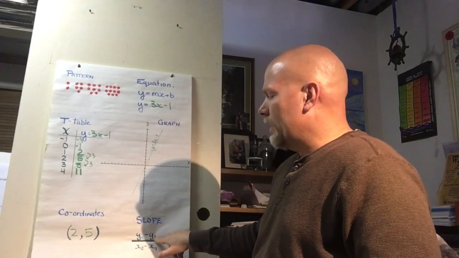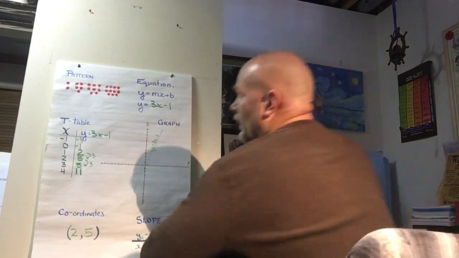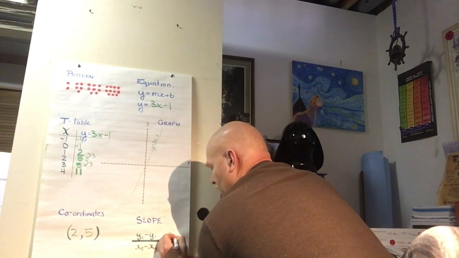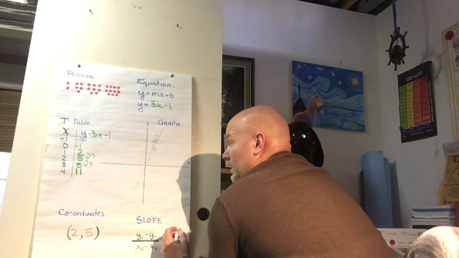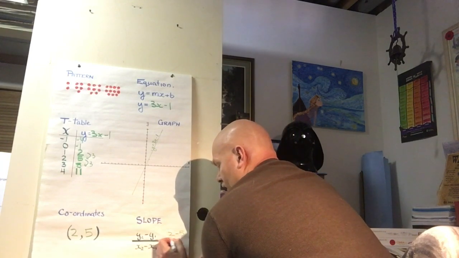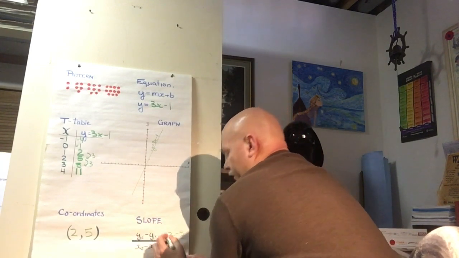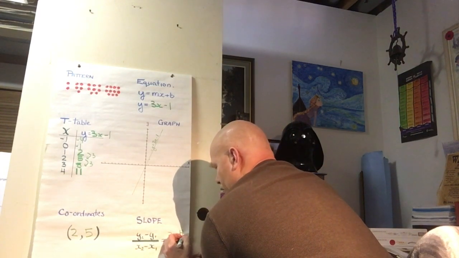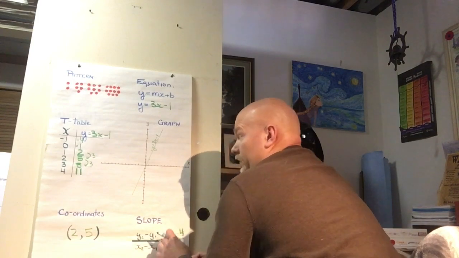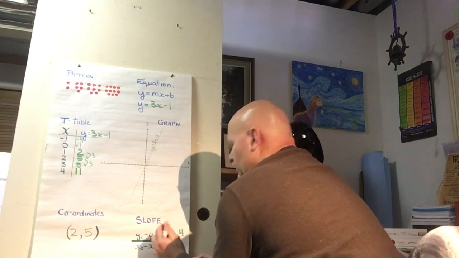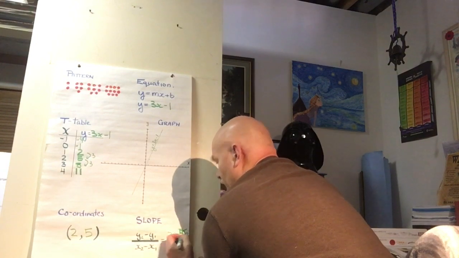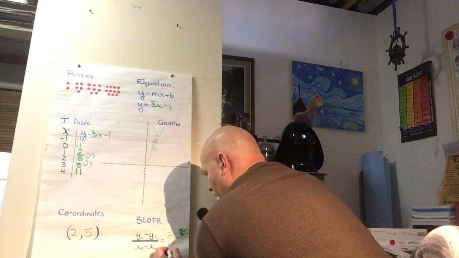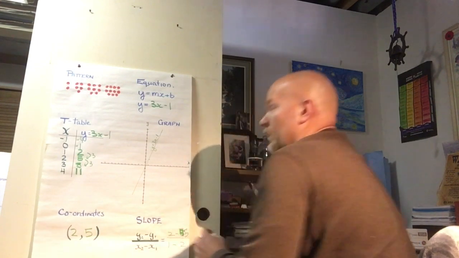So in this case, I could take 2 minus 4. Oh, sorry, my apologies. No, yeah, 2 minus 5. I was right. 2 minus 5 and 1 minus 2.